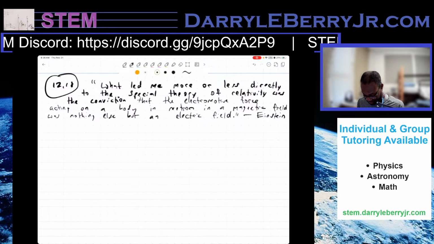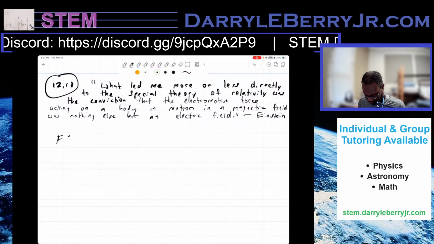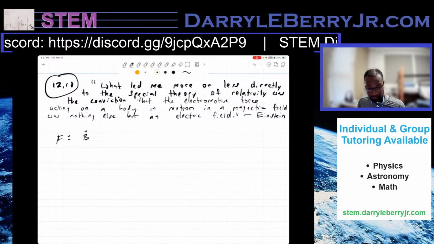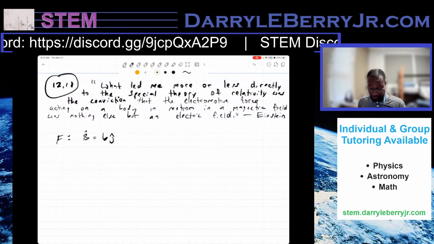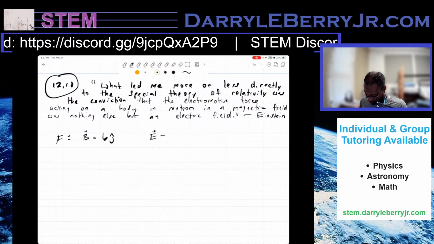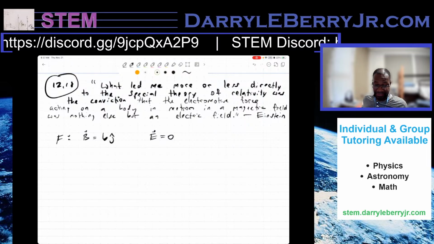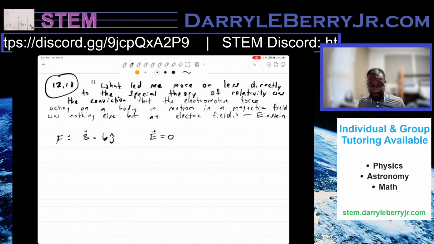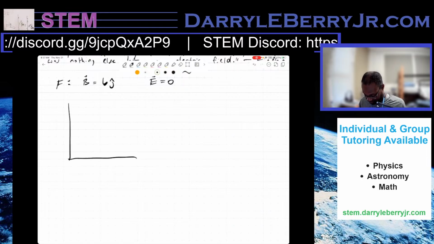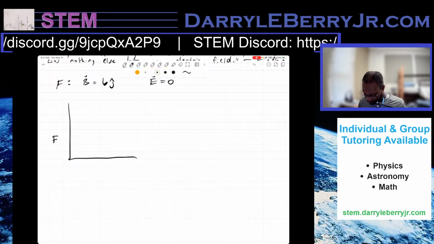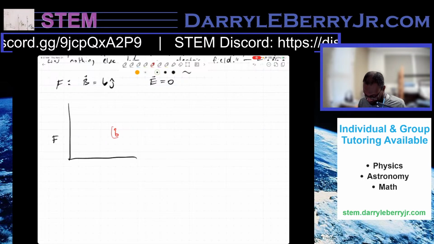So it says, suppose in an inertial frame F, there is a magnetic field B, but the electric field is zero. If a charge Q moves with velocity U in F, so we have our frame F, it's just sitting there. We have a charge Q in its own frame.